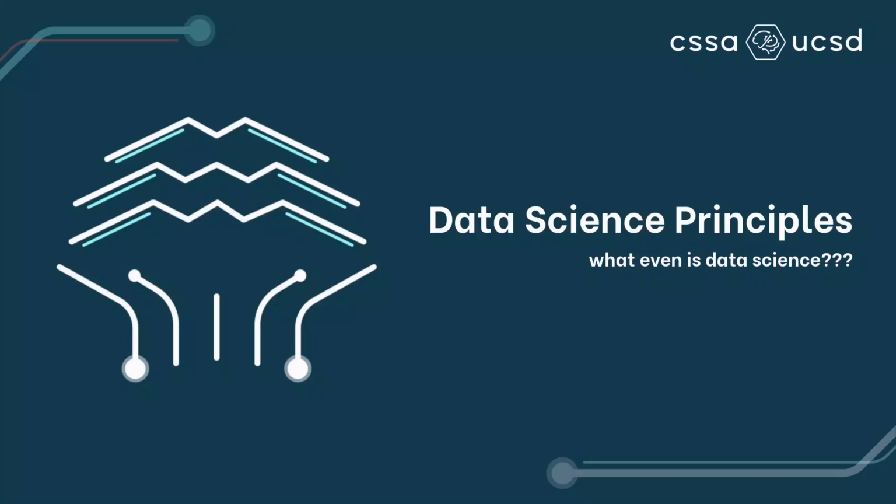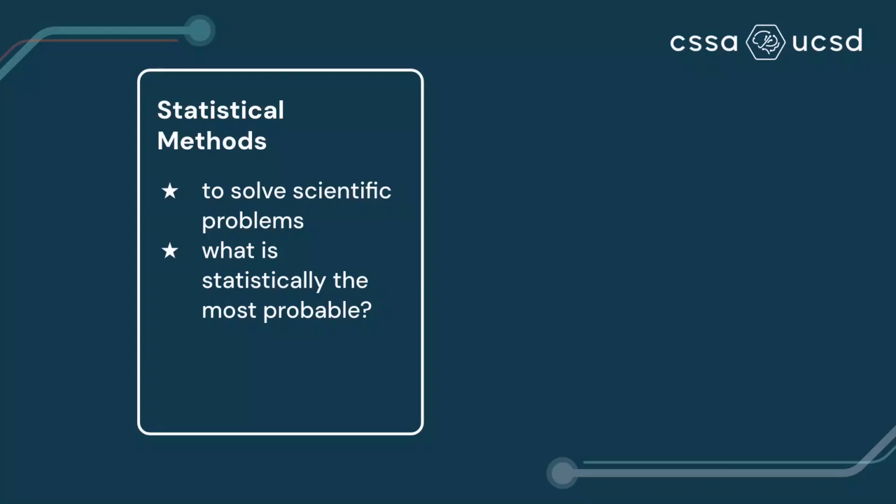So what even is data science? Data science is comprised of two aspects. We're going to start with statistical methods, and these are just to solve scientific problems. And the main question that statistical methods are trying to answer is, what is statistically the most probable outcome?